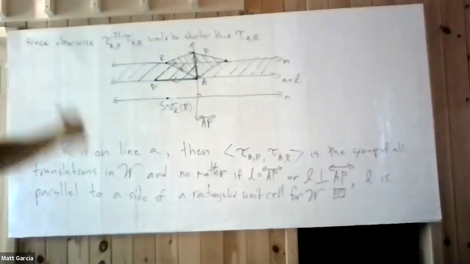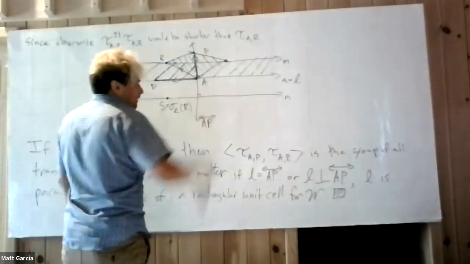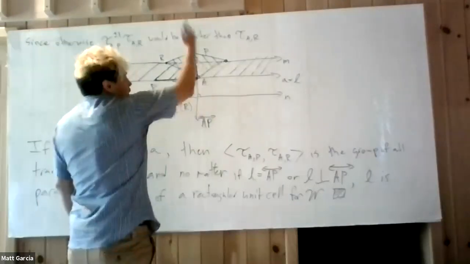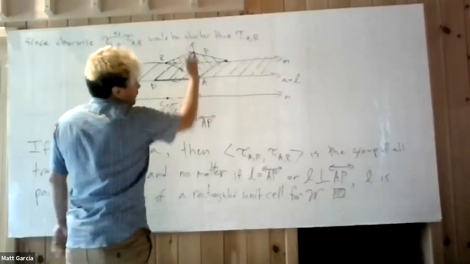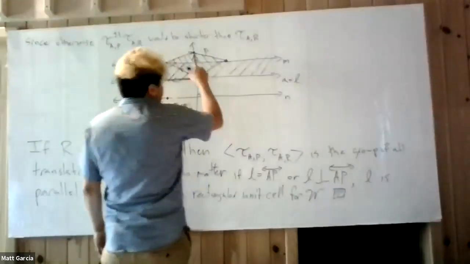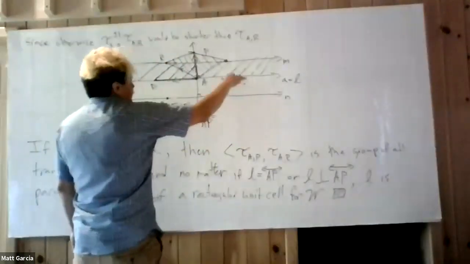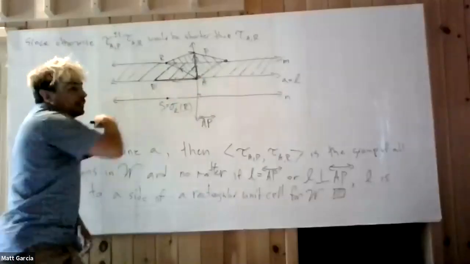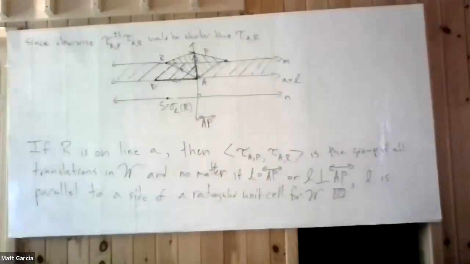And in either case, if L is equal to the line through A and P, it's parallel to one of the vertical sides, or both the vertical sides. And if L is perpendicular to the line through A and P, it's parallel to the horizontal sides of the rectangular unit cell.